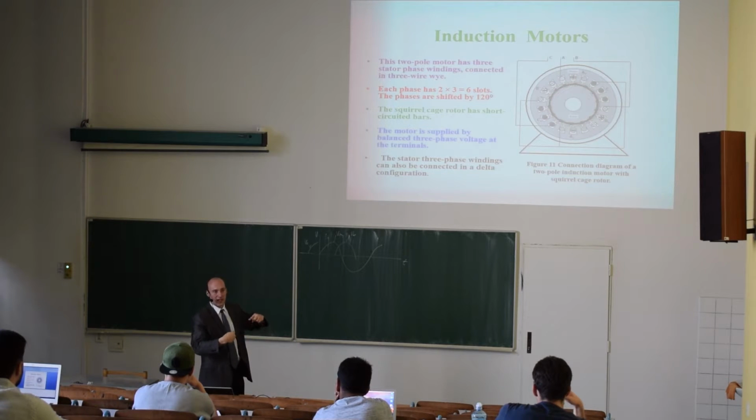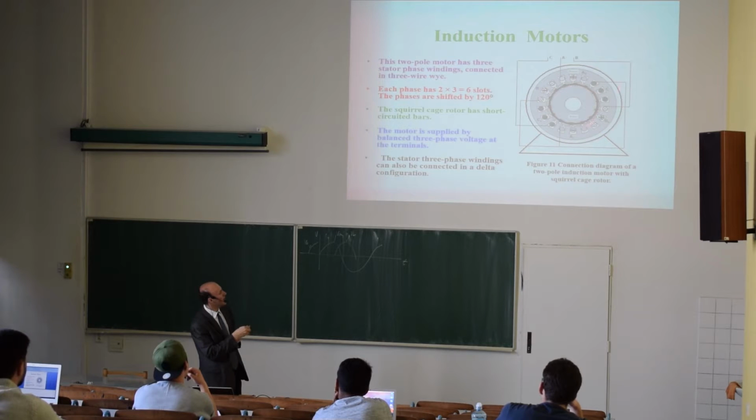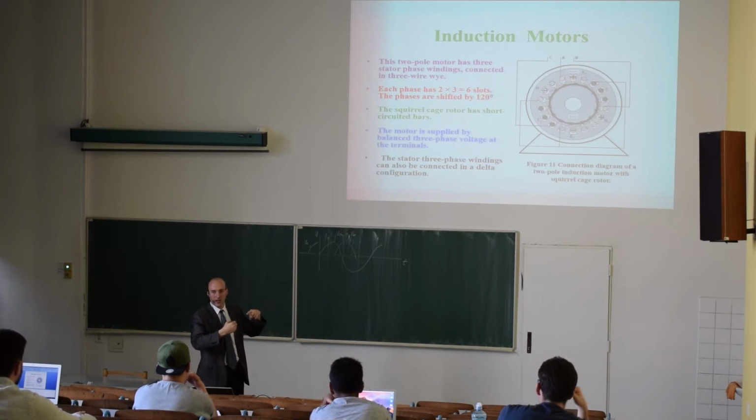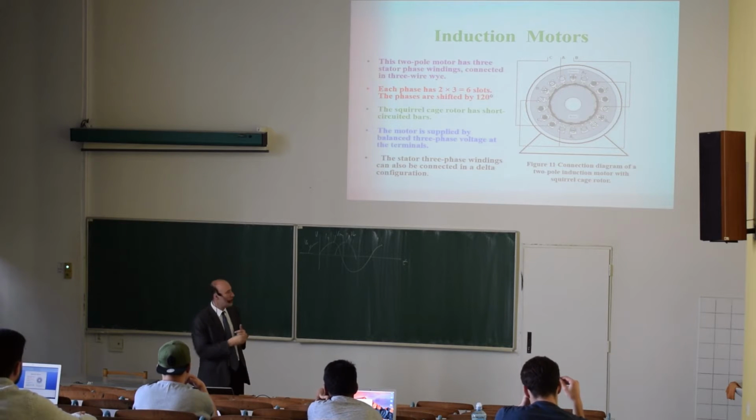And we have said that the rotor current here is caused by induction, because the magnetic field is changing. And if the rotor is moving at the same speed, there is no change in the magnetic flux in the rotor, so induced voltage is zero and current is zero.